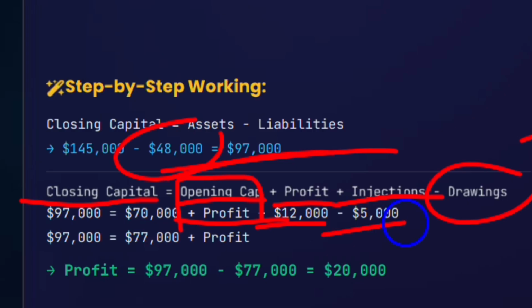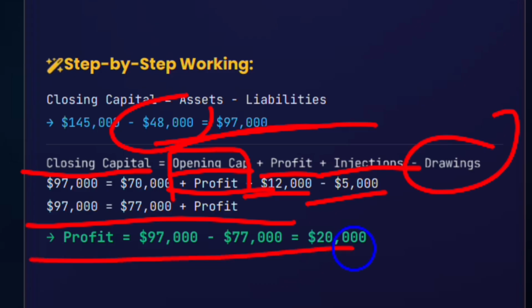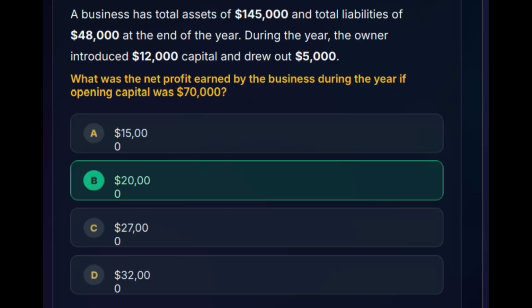Drawings are $5,000. After simplifying, we get $97,000 equals $77,000 plus profit. So profit equals $97,000 minus $77,000, which is $20,000. So our correct option will be B, $20,000.